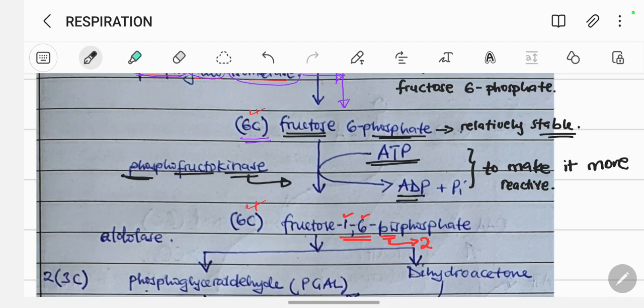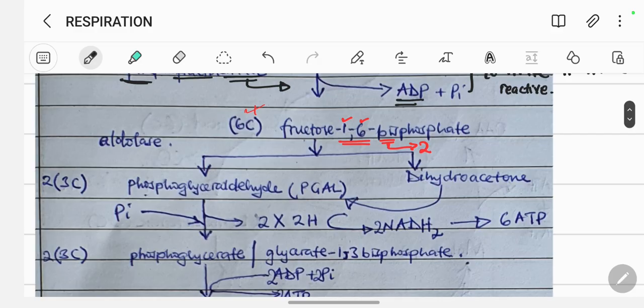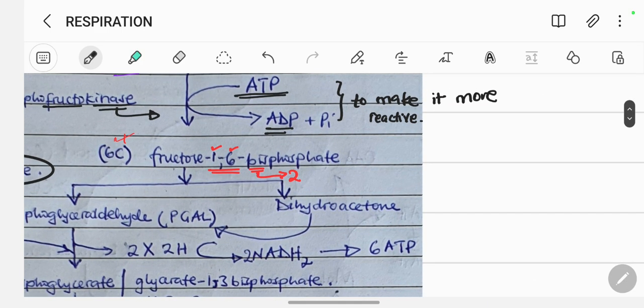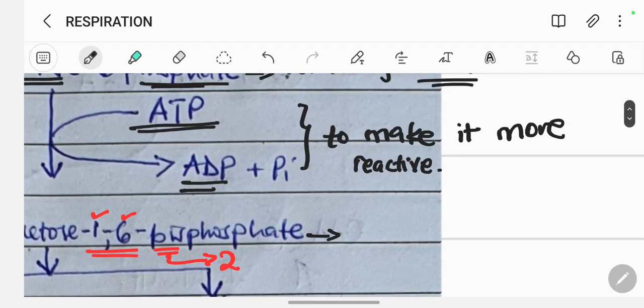So you'll find out that we formed our fructose 1,6-bisphosphate. Then from our 1,6-bisphosphate, we have this enzyme aldolase. What aldolase does is it comes to break down this fructose 1,6-bisphosphate, which is now reactive. So just know that this now is reactive.